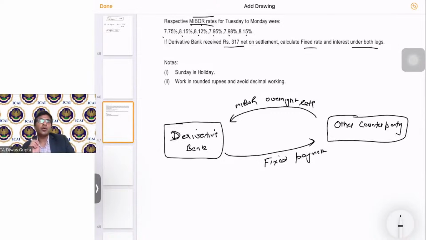They have already given the day-wise floating rates, so using that we can calculate the fixed rate. Sunday is a holiday, as we saw because the rates are given only for 6 days. The next point is to work in rounded rupees and avoid decimal working. Okay, students.